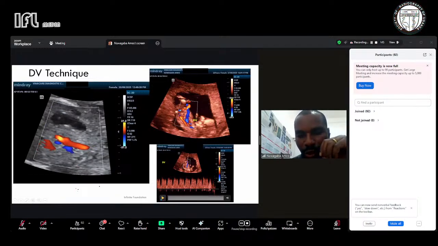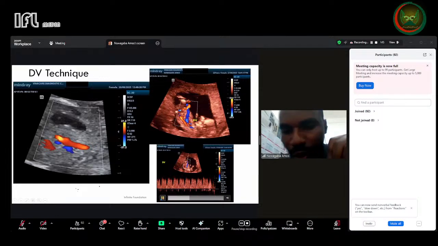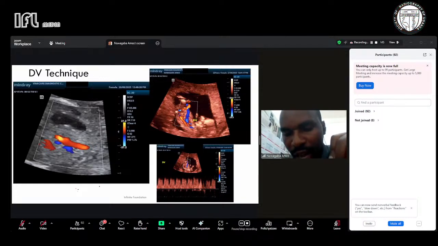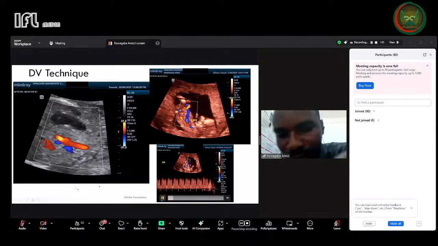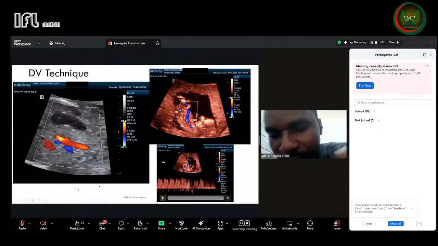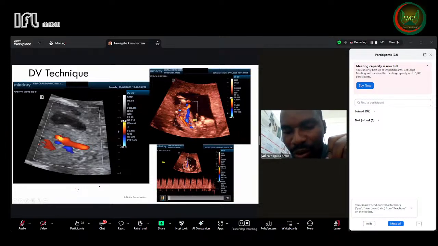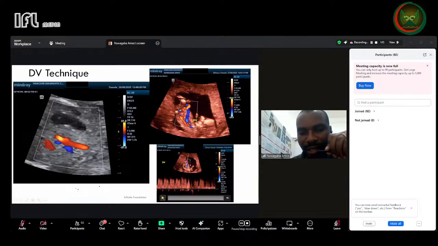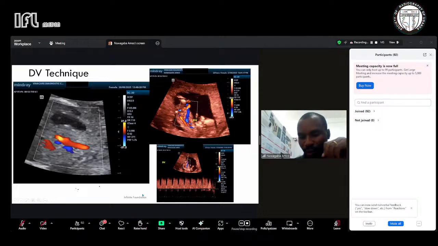In the left bottom corner is a sample of the appearance of the ductus waveform, and I am not very sure if you can hear the volume, and that is the sound of the ductus venosus. Somebody said that the normal waveform has a sound similar to the sound of a washing machine.